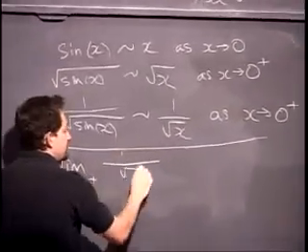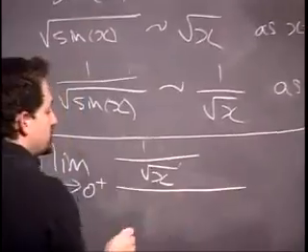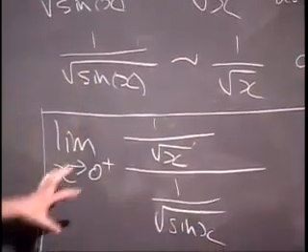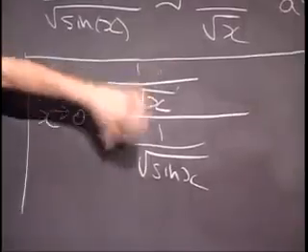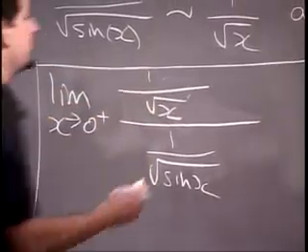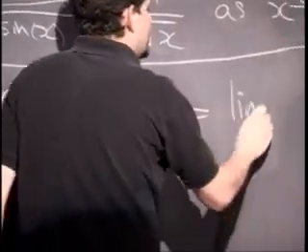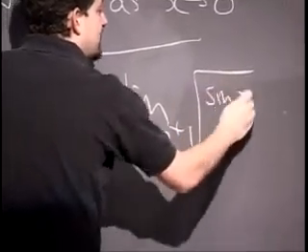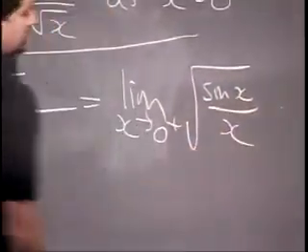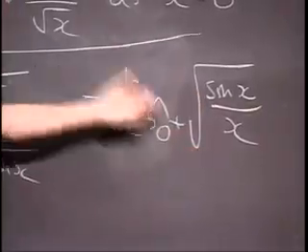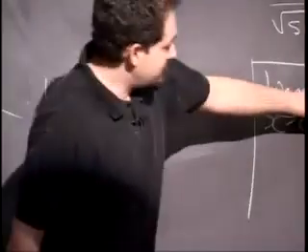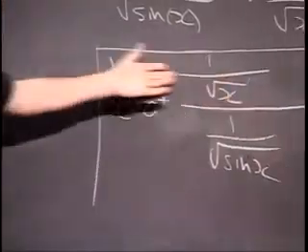It doesn't matter. I take 1 over root x and I divide by 1 over root sine x. I can manipulate this, get rid of the 1 overs, pull the square root around the whole thing, and you get the limit as x goes to 0 of the square root of sine x over x. Well, sine x over x goes to 1, so this goes to square root 1, but that's still 1. So this over this has limit 1.